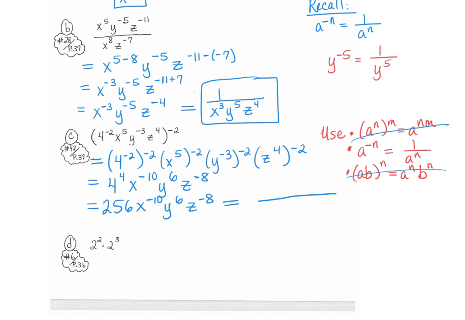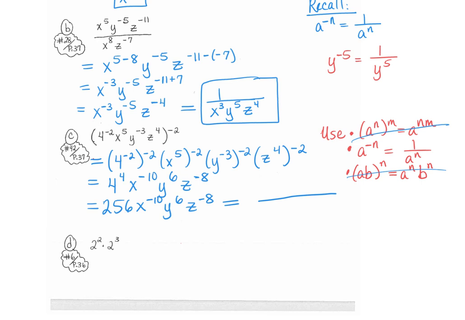I'm asking. Okay, go. 256. Stay in the numerator, move to the denominator. Where does it go?